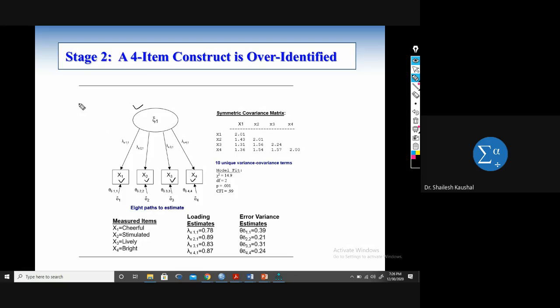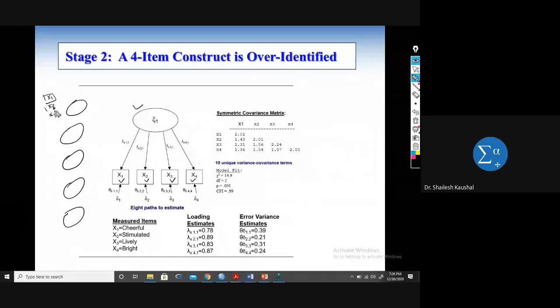For example, if we are taking 5 constructs, each construct should have at least three observed variables, meaning three questions. Per construct at least 3 measured variables or questions are necessary, and 4 or more is desirable and good. If in any construct you take 4 or 5 measured variables, it is good.